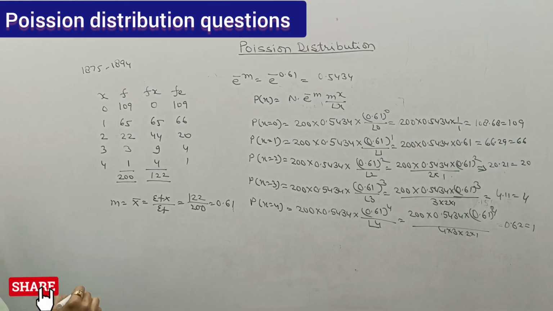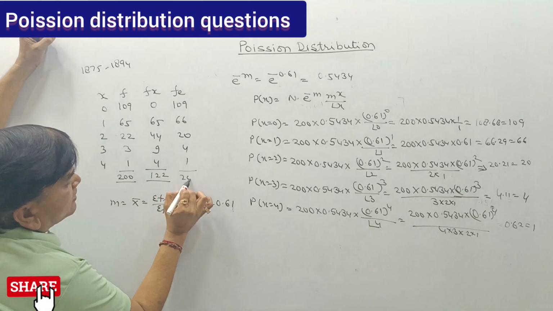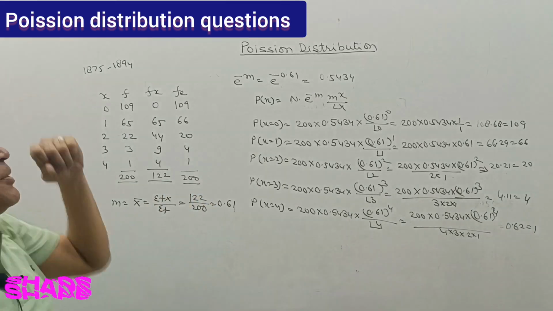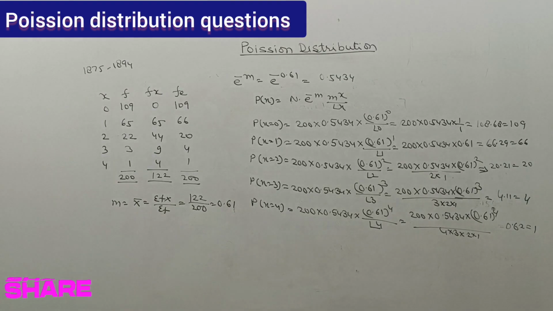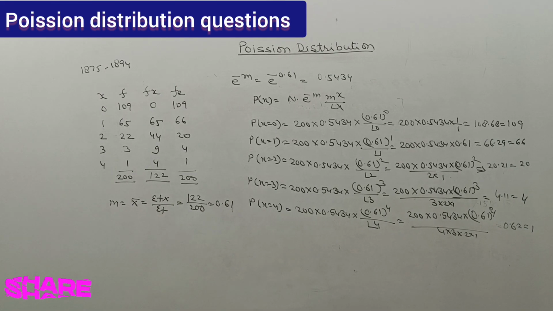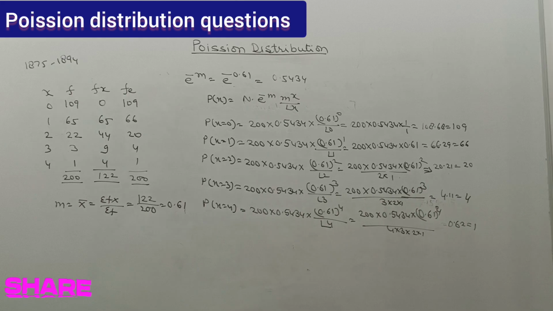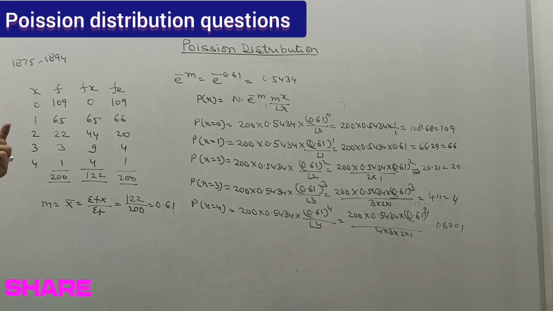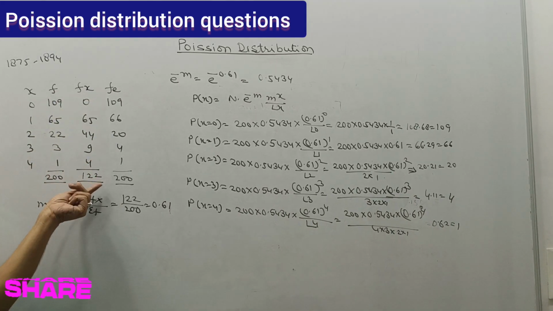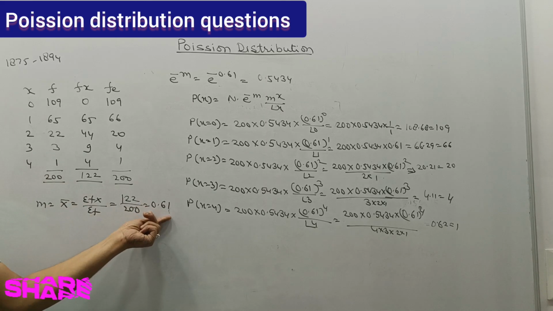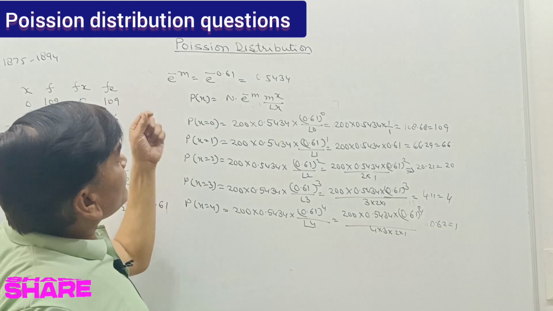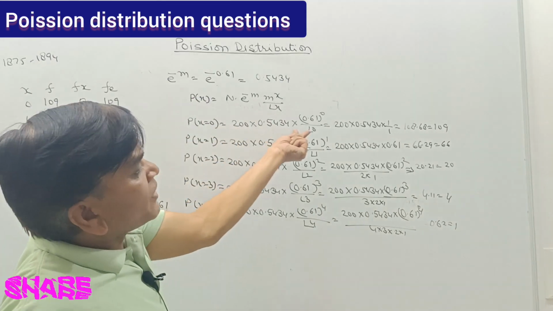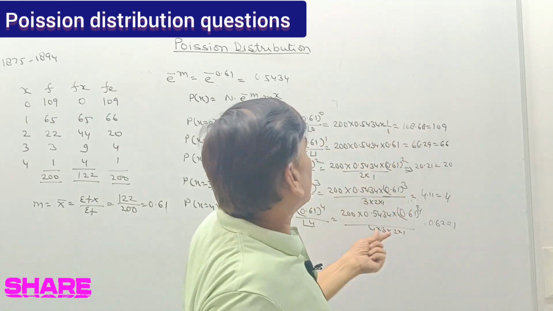So the total is also 200. With the help of the Poisson distribution, we can calculate all the values related to it. Firstly we have calculated f(x), that is 200 multiply e raised to power minus 0.61, that is 0.5434. For x is equal to 0 we get 108.68, 109.